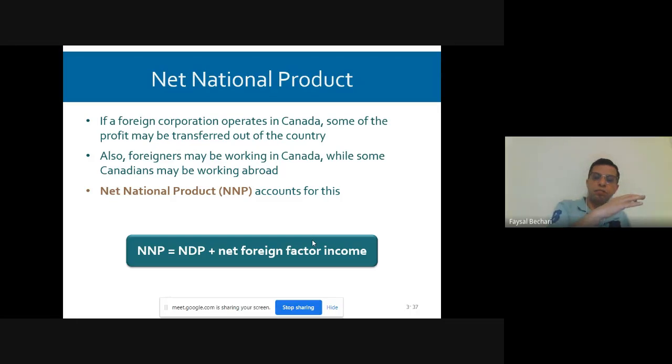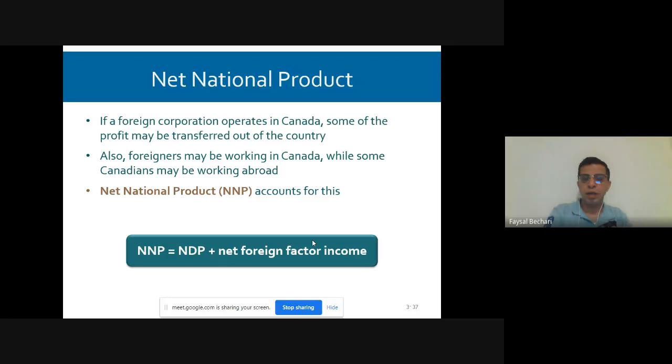We have something higher than the net domestic product, which is the net national product. So if a foreign corporation operates in Canada, some of the profit may be transferred out of the country. Also, foreigners may be working in Canada while some Canadians may be working outside.